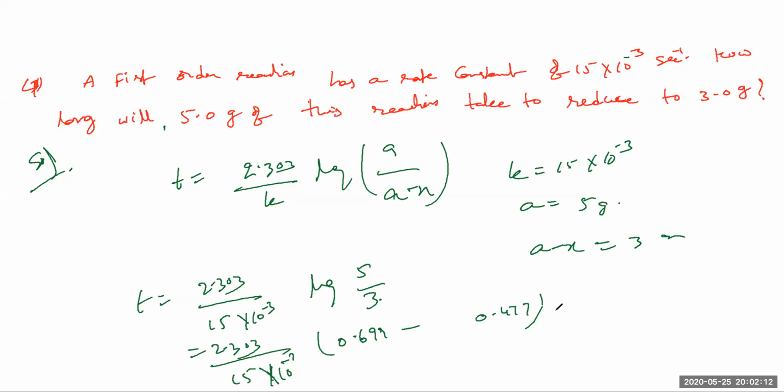By solving you will get 34.0. What are the units? Time. Our units are given as second inverse in the rate constant.